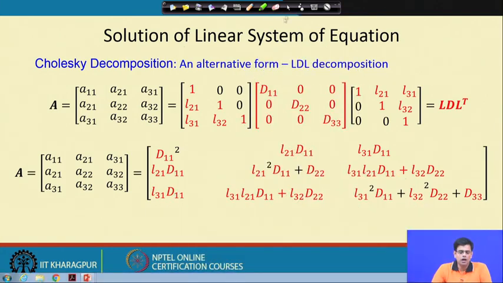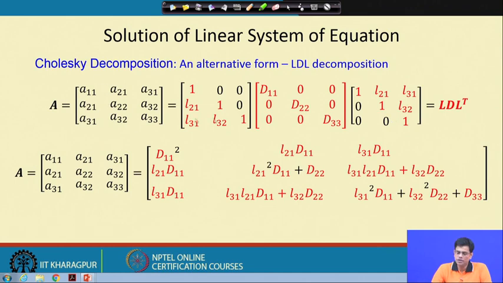For instance, what we do is that instead of putting some value on the diagonal element, we restrict the diagonal element of the lower triangular matrix L to be 1. So the upper triangular L transpose will also have diagonal elements of 1. But instead of multiplying L and L transpose, we multiply L, D, which is again a diagonal matrix, and L transpose.